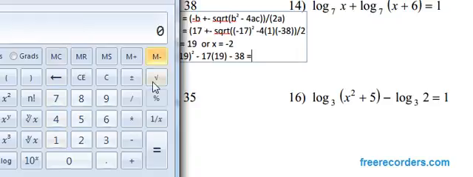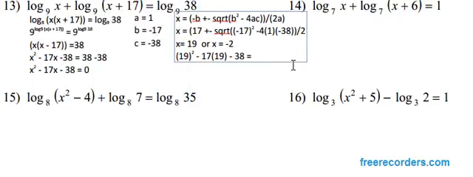So 19 works. I'm going to try negative 2 now. So I'll do 2 squared minus 17 times 2 minus 38. And I will see if that does in fact equal 0.